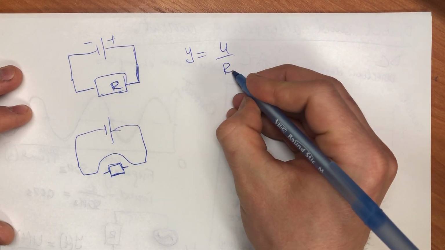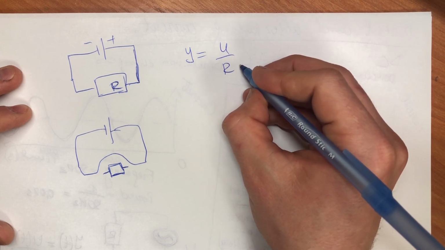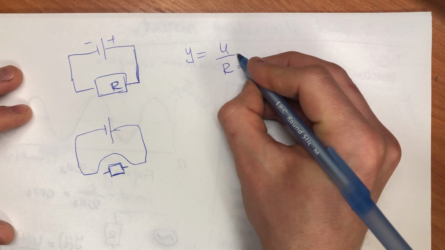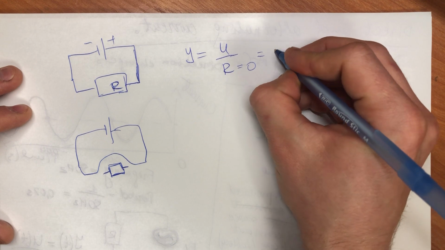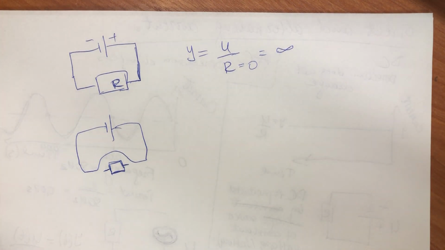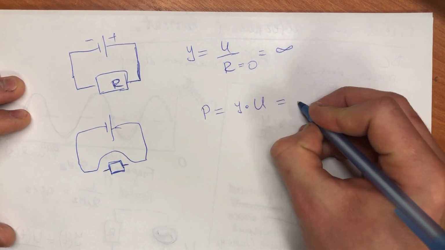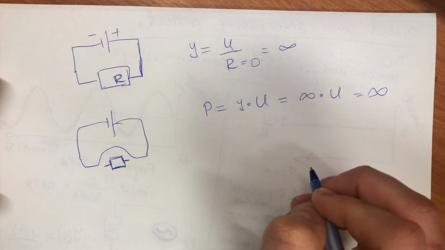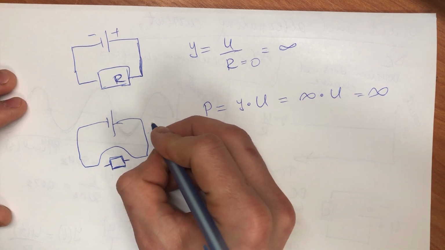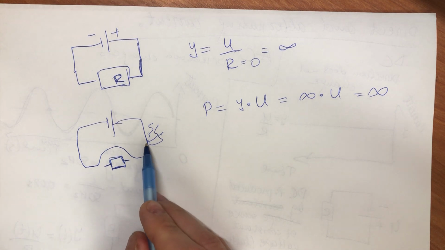So as R is practically equal to zero, what happens to I? So this I turns to infinity, very high. And this power, I times U, will be infinity times U, and it will be infinite. So it means the wire will burn. How to show flames here, I don't know. But the wire will burn, and it can cause fire.